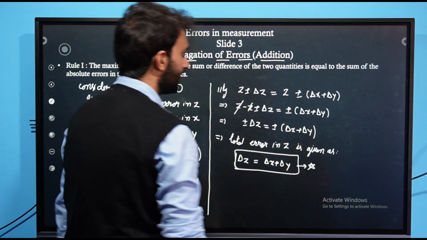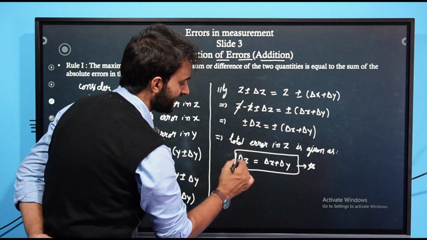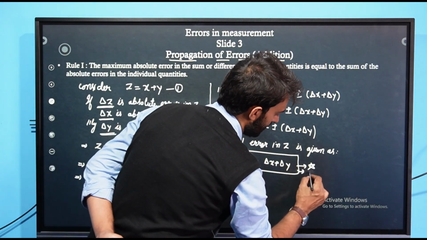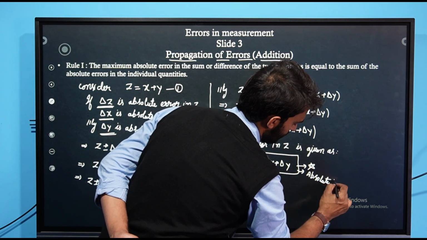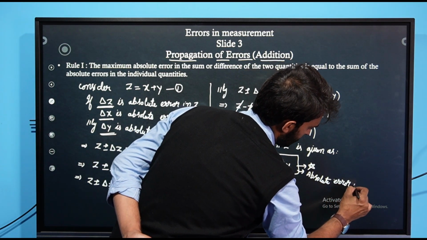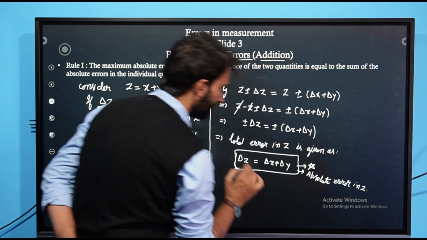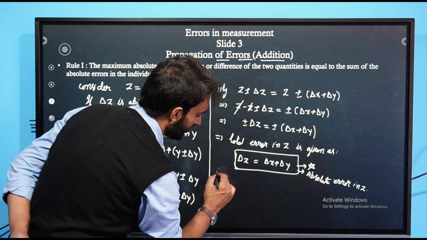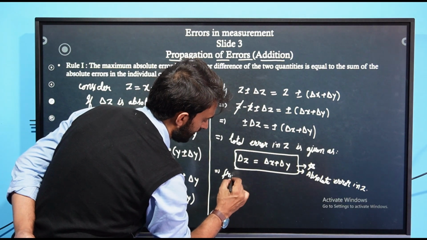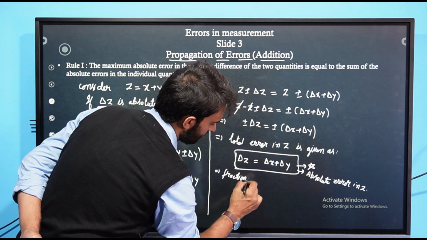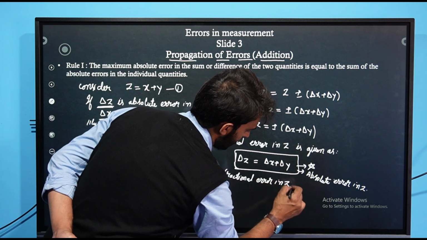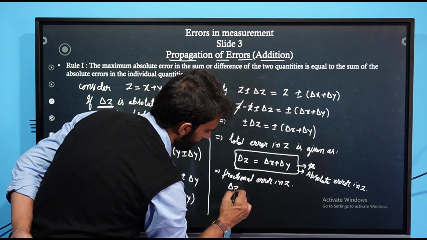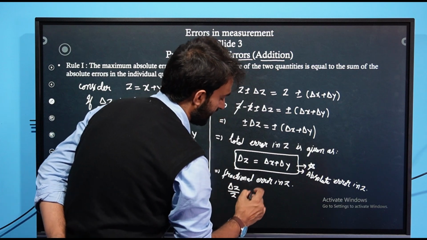So how can we write it now? So if this is the absolute error, now remember this is absolute error in z. So what will be then the fractional error? So this implies the fractional error in z can be written as delta z divided by z.